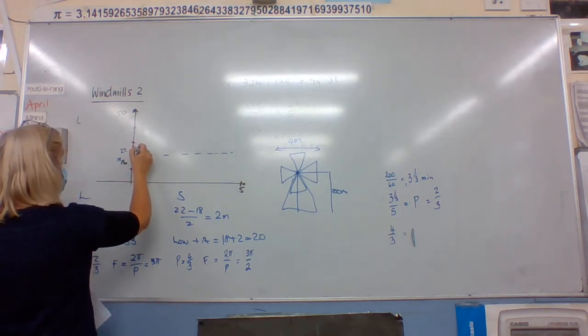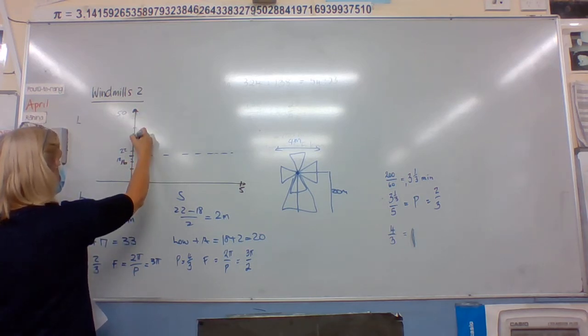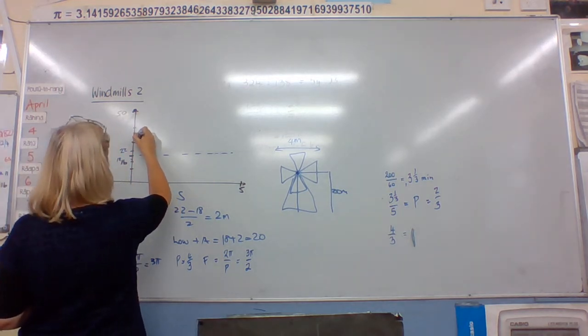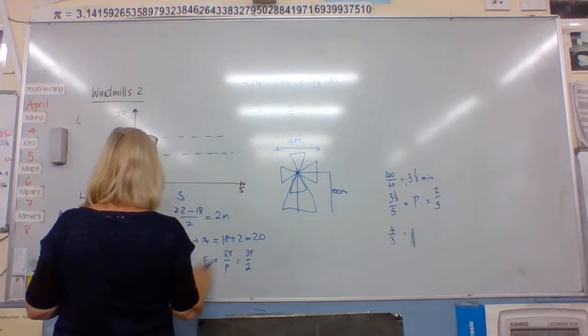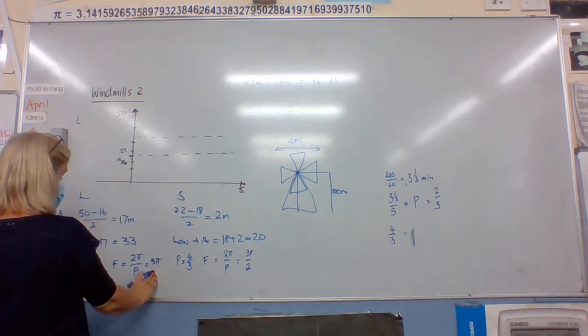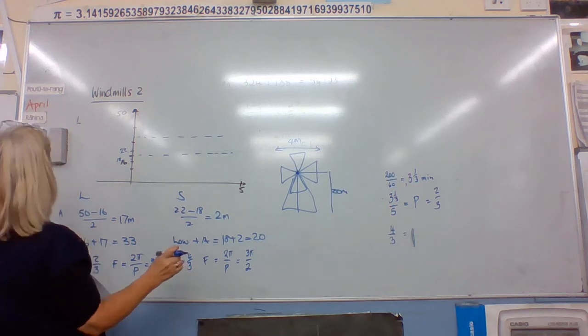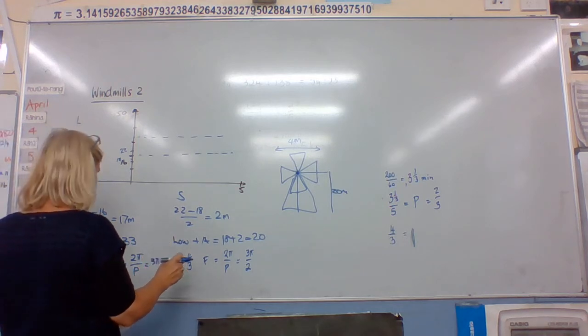33, which is approximately 20, 30, 40, 50. Yeah, okay, so 33. 10, 20, 33. Okay, we've got a frequency of 3 pi, so within 3 pi is approximately 9.3.